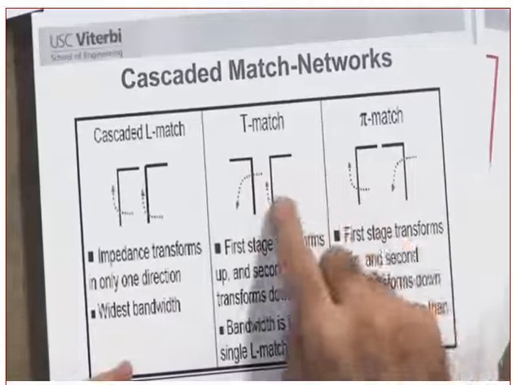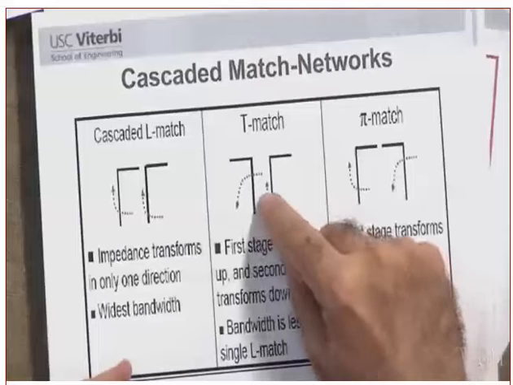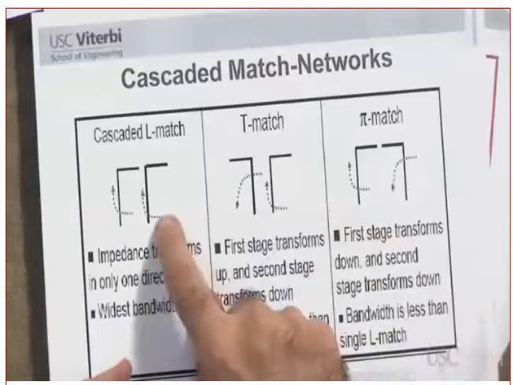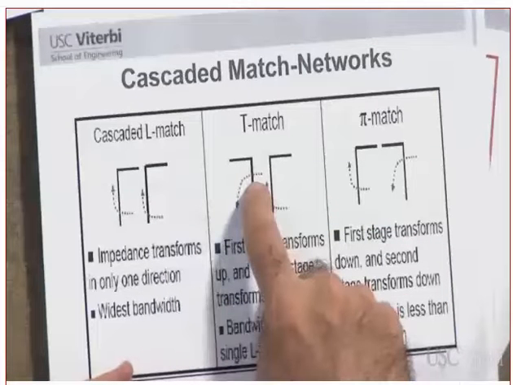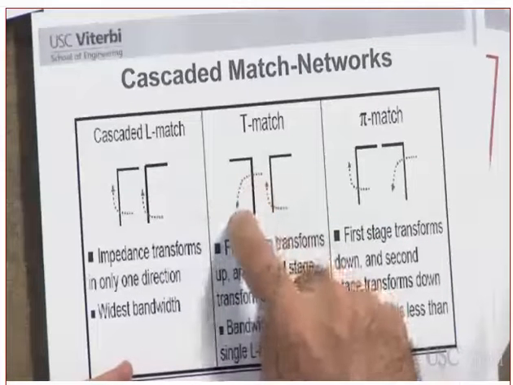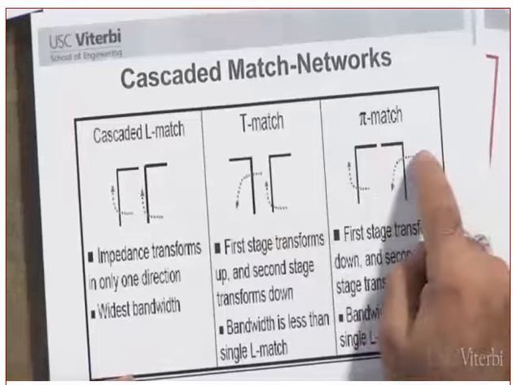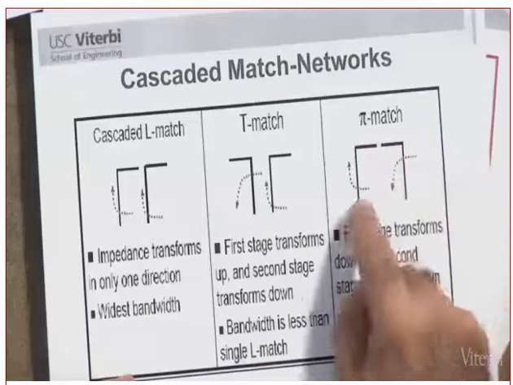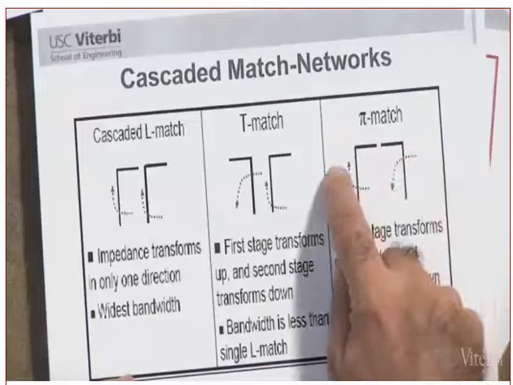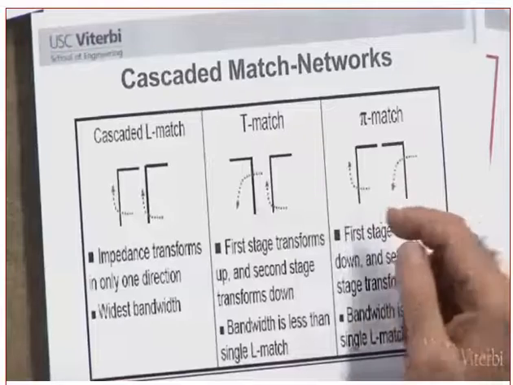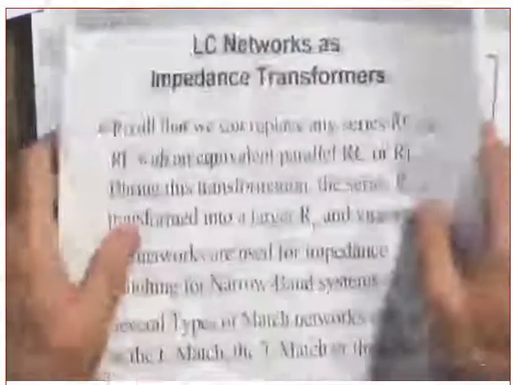This is low to high, similar to this, but this one will be high to low. Did you get this or not? This is a pi match. This one is high to low, low to high. Did you get this or not?